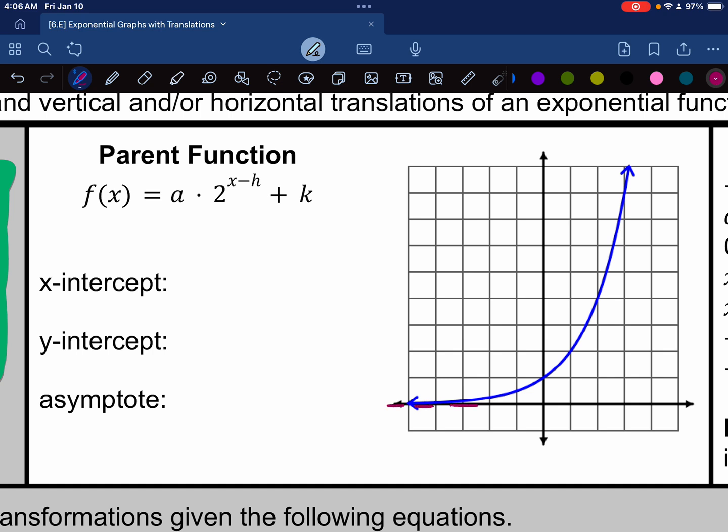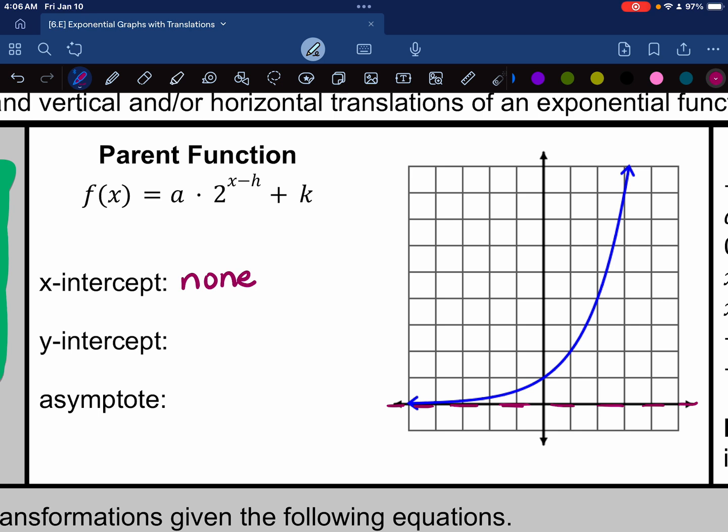Instead, you get numbers that get closer and closer to 0. And that's where you get that asymptote that we were talking about in 6b. So there is no x-intercept on this graph because it just gets closer and closer to the x-axis there. Now, when we start doing translations, if I slide this graph down, it will have an x-intercept.